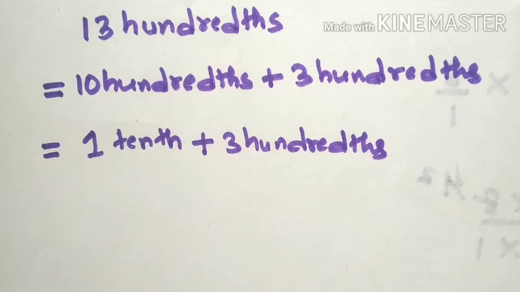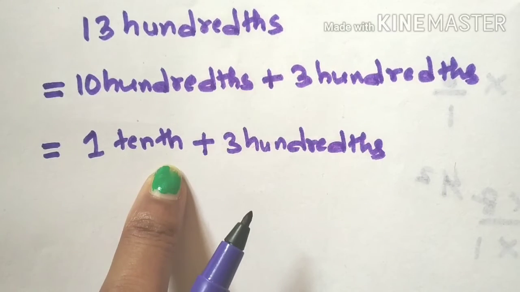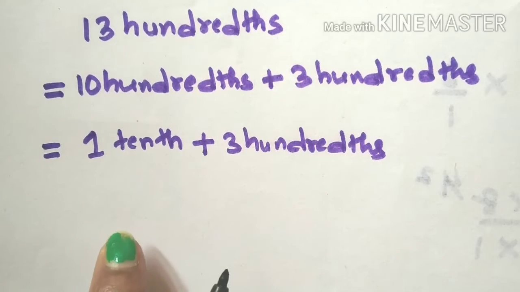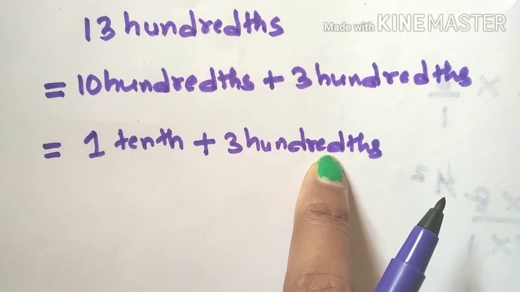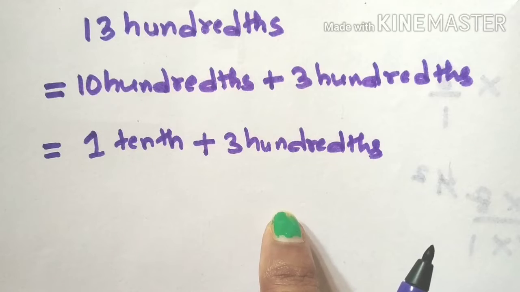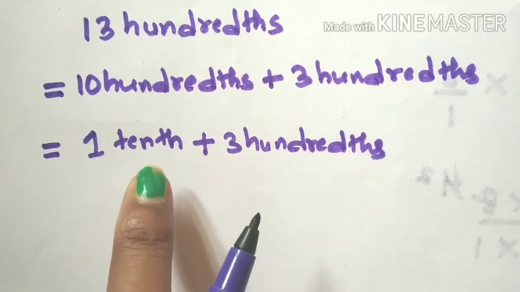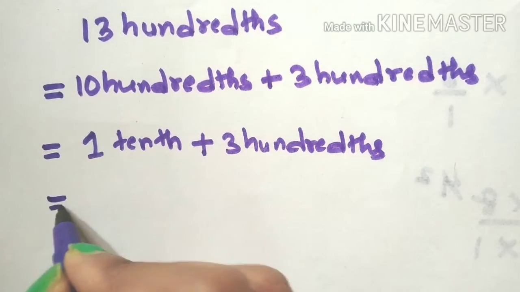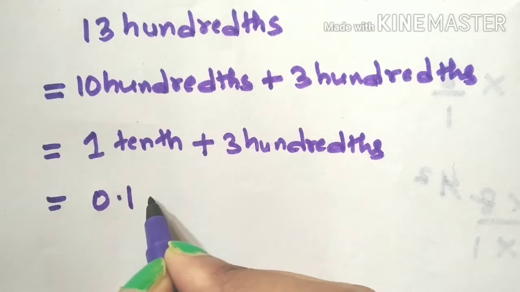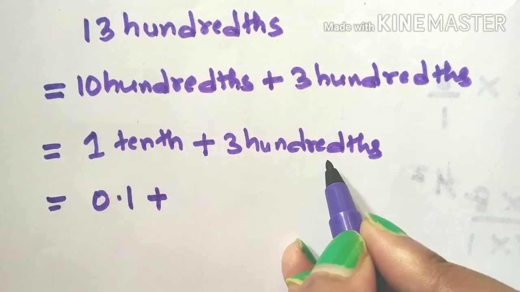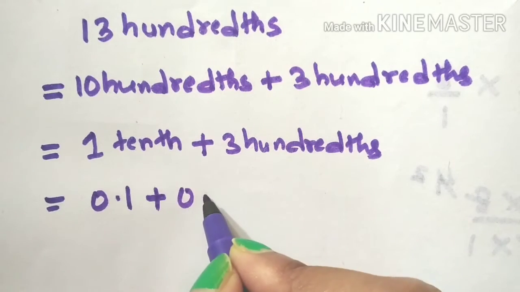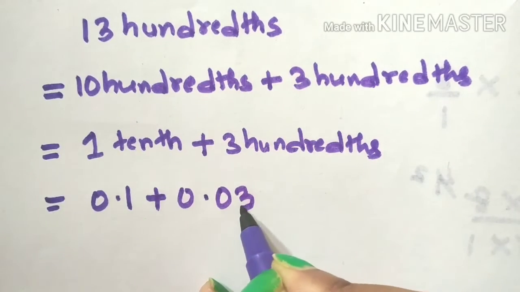Now, students, we know that 1 tenth stands for 0.1 and 3 hundredths stands for 0.03. So, in place of 1 tenth, we will write 0.1 plus, and in place of 3 hundredths, we will write 0.03.